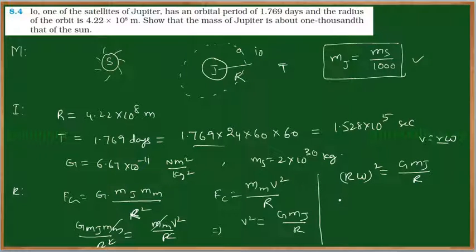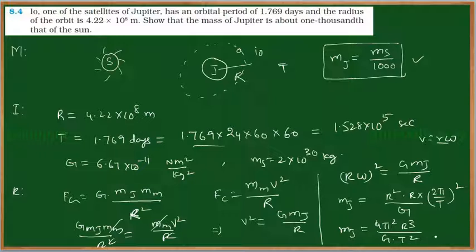I need an expression for the mass of Jupiter, so Mj is equal to r² times r, omega can be written as 2 pi by T, and its square, divided by G. From this, Mj is equal to 4 pi² r³ divided by G T². This is the expression for the mass of Jupiter with the known values.